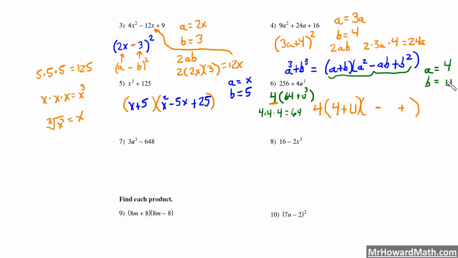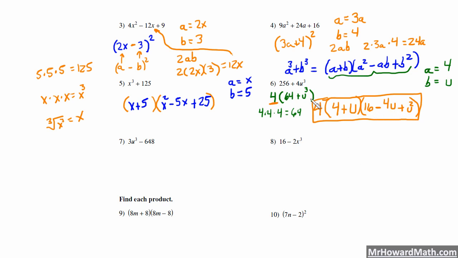Our b is equal to u, so it's u squared, minus ab, so that's just 4u, and then a squared right here, so 4 squared is just 16. So all together, let's box that in. It's 4 times the quantity 4 plus u times the quantity 16 minus 4u plus u squared.